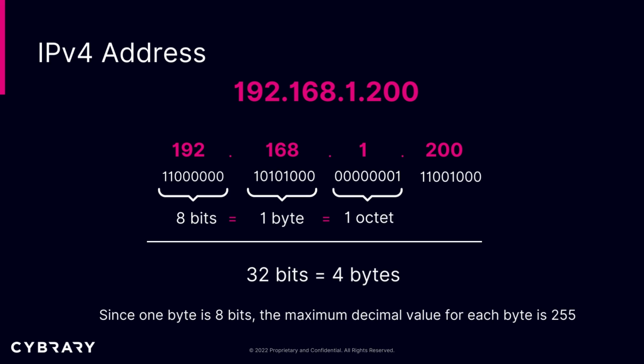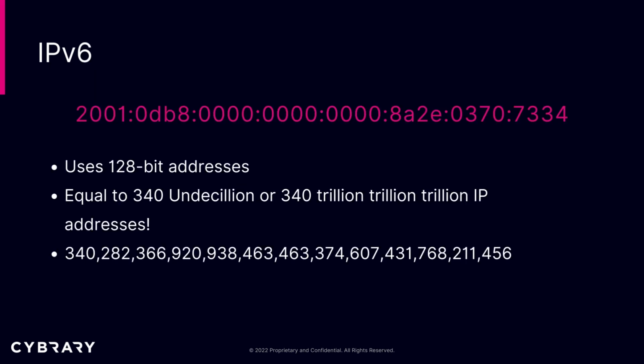But as the years went by, we've had IoT devices, all these technologies, and all these devices that use IP addresses. So we're coming close to being exhausted, or having all of our numbers in use. So there will have to be a new format for IP addressing. And that's what brought on IPv6.